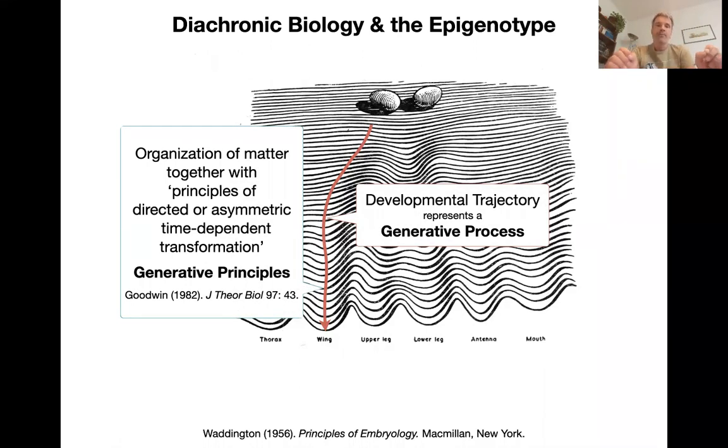So Goodwin says the aim here is to find out the generative principles, the organization of matter together with principles of directed or asymmetric time-dependent transformation. So we need to know the spatiotemporal arrangement of the system and the rules that guide its transition from state to state. And that's what dynamical systems theory does.